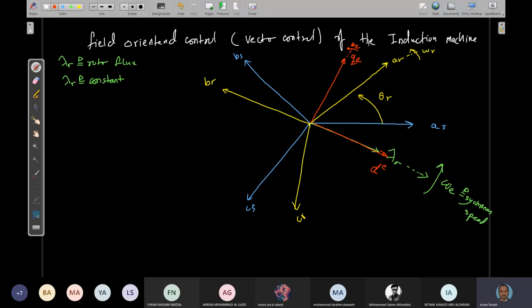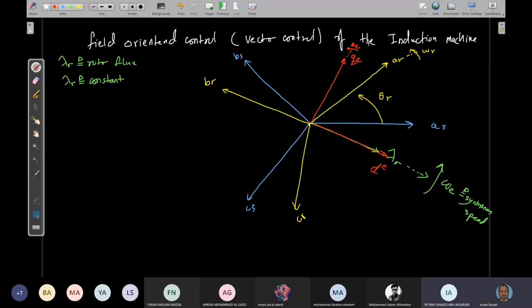I'm assuming that I'm having a reference frame, and I managed to put the D of the reference frame in the direction of the rotor flux. Later on, we will discuss how we can do that. Do you remember the initial condition? The initial condition I don't know, by the way. Because I can't. It's as if we assumed the QD reference frame is rotating at the synchronous speed.